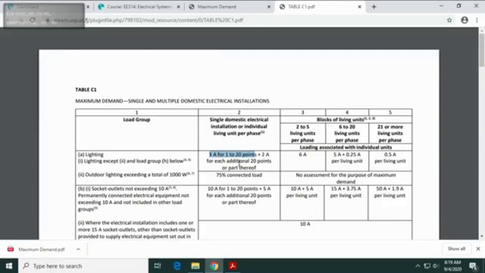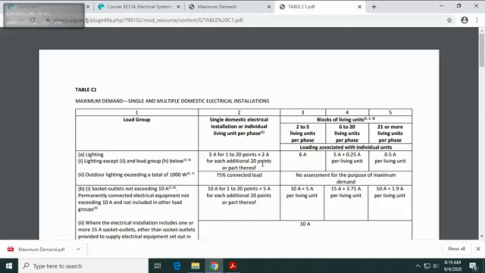That means the first 20 will be 3 amps, and then from 20 to 40, another 20 points, that is 2 amps, and then 5 points again will qualify as 2 amps. So 3 amps for the first 20, 2 amps for the next 20, and then we have 5 more, in excess of 40. We'll add again another 2.